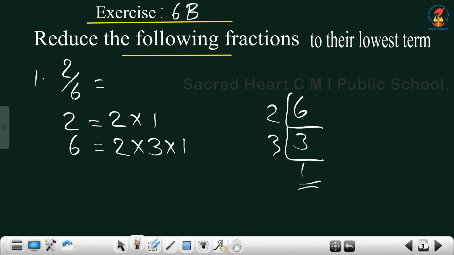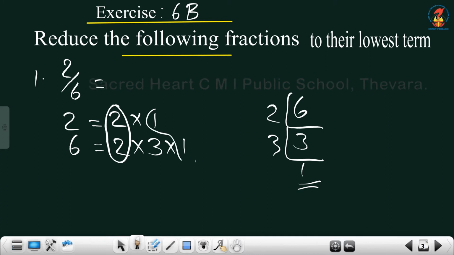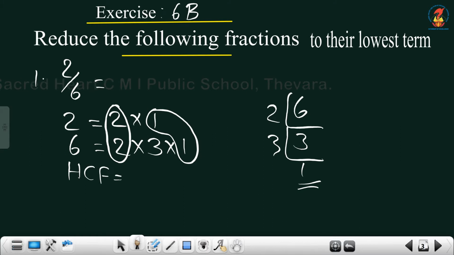Which are the common factors? 2 and 1. And HCF of the two numbers 2 and 6 is what? That you studied in the last chapter, but I want to tell you one more time, that is 2 into 1. The answer is 2. Now I got the HCF of 2 and 6.